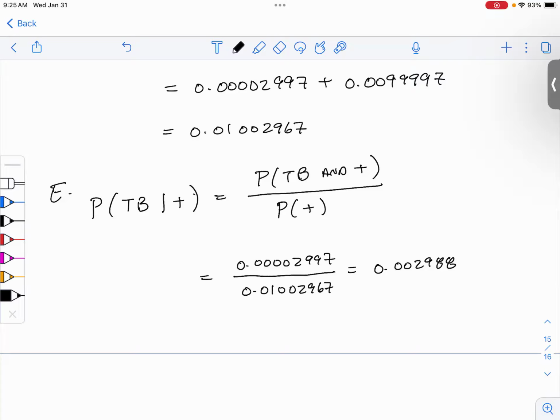All right, so what that says is even if you test positive, there's only a 0.3% chance you actually have TB. And this is the point all along. And this is true for many of the more rare diseases. The higher incidence of the disease, the higher this value would be. But false positives happen all the time.